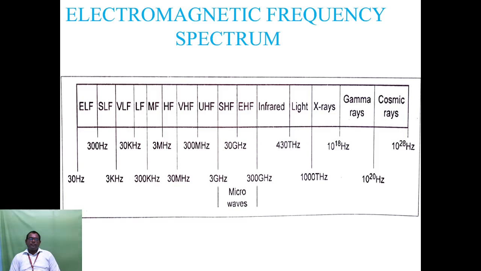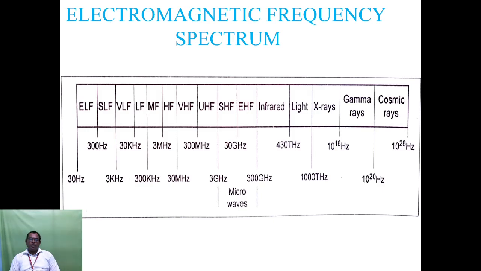VLF, very low frequency, ranges from 3 kilohertz to 30 kilohertz, and low frequency, LF, is 30 kilohertz to 300 kilohertz. Then medium frequency is 300 kilohertz to 3 megahertz. High frequency is 3 megahertz to 30 megahertz. Very high frequency is between 30 megahertz and 300 megahertz. Ultra high frequency is 300 megahertz to 3 gigahertz.